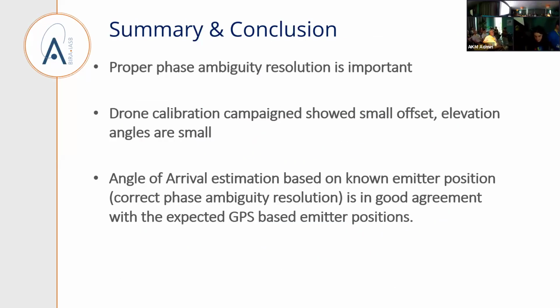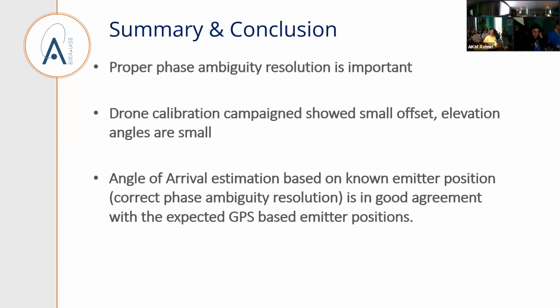To summarize and to make a conclusion, the phase ambiguity resolution is very important to perform the angle of arrival analysis. The drone calibration showed a small offset. The elevation angles are small as well, so we are expecting some error here.